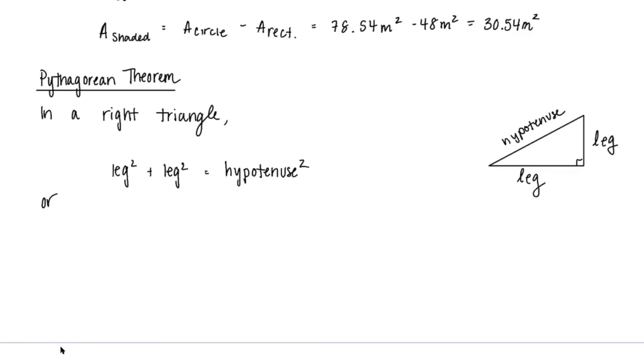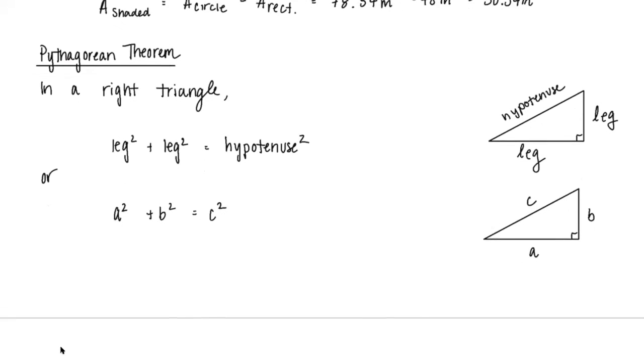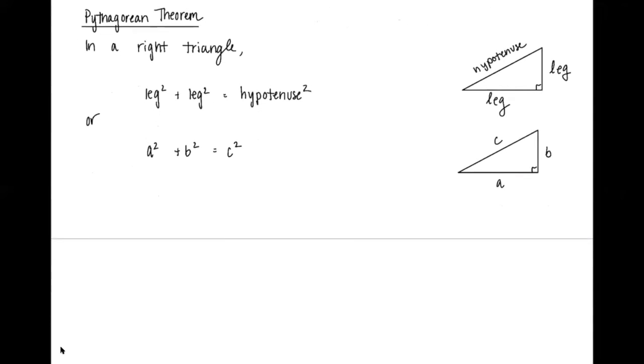Or in much nicer terms, if I call this A, B, and the long side C, A squared plus B squared equals C squared. Okay. So something super special just for right triangles.